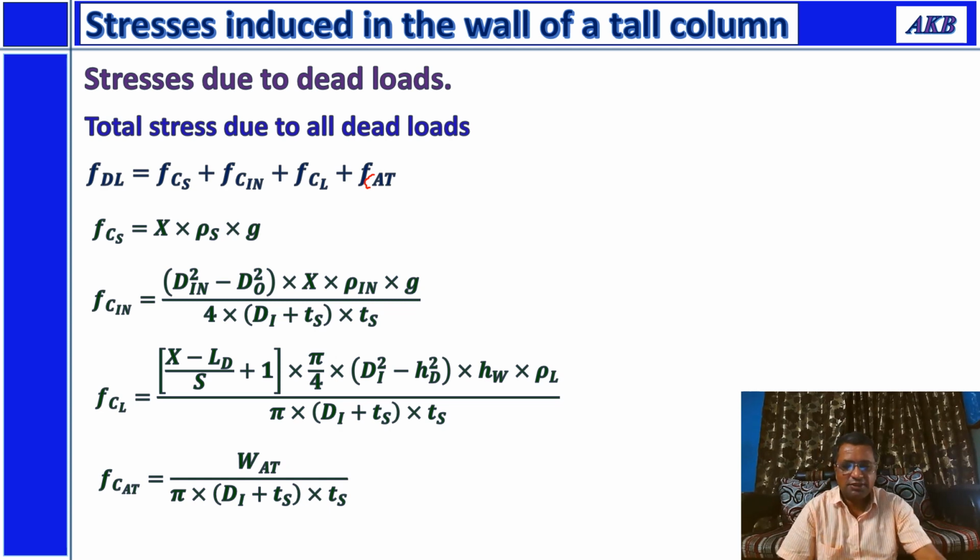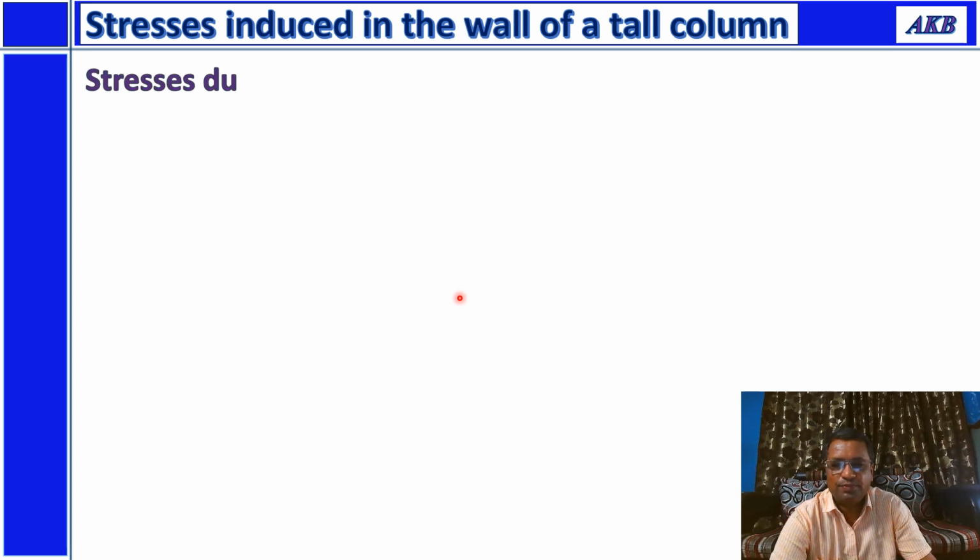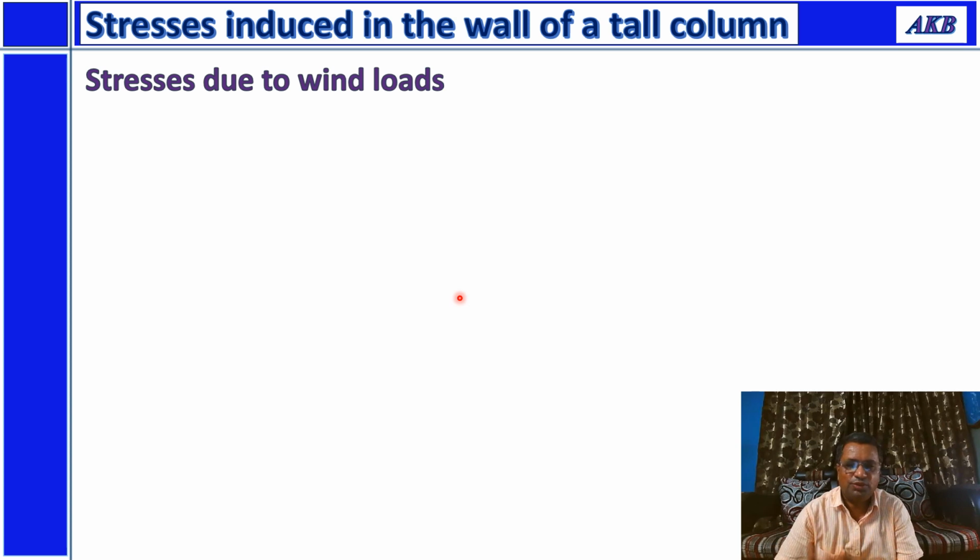So your analysis for dead loads will stop over here, after considering stresses due to all dead loads, and you get a total stress due to dead load. So you need to calculate this. Okay. So now let us continue. That was about dead loads.